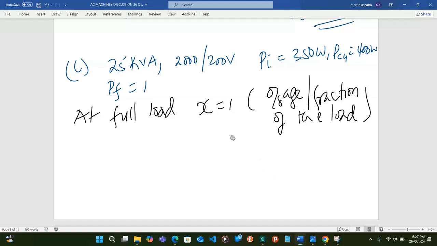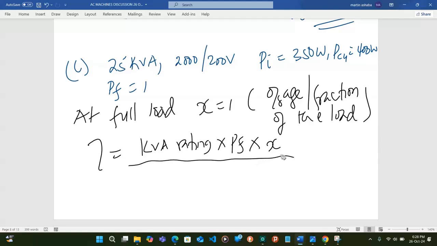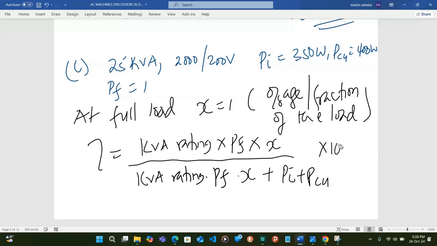So we are going to look for efficiency, which is equal to kVA rating times the power factor times the amount of load, divided by kVA rating times the power factor times the load plus the losses, which are the iron loss and copper losses. Then we multiply by 100.